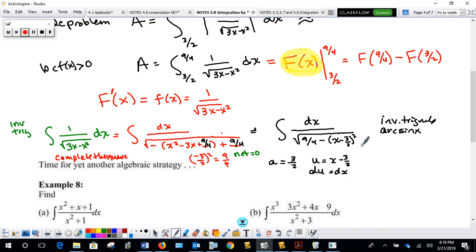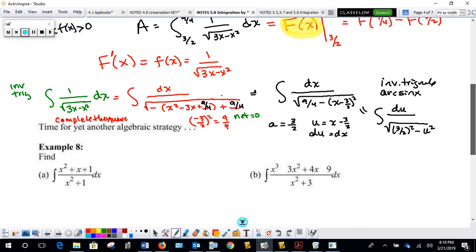And so when I go to do my actual answer, I'll just come down here. Notice that, do I need a corrector? No. We're doing the antiderivative of du over the square root of (3/2) squared minus u squared. So I am in the correct format to do the inverse tangent, or sorry, inverse sine.